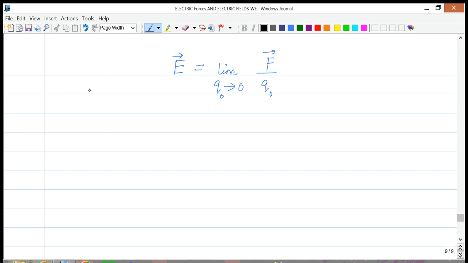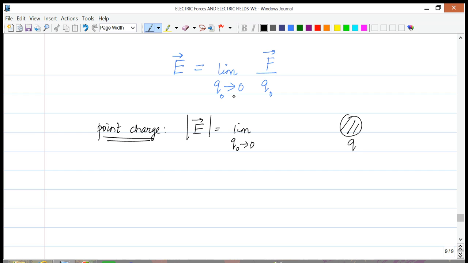Now for a point charge, the electric field, and let's find the magnitude simply, is going to be equal to the limit as Q0 approaches 0 of the force. Let's say I have a charge capital Q and it exerts a force on some charge Q0 separated by some distance r.